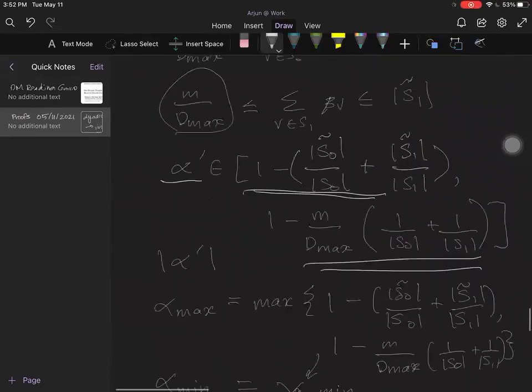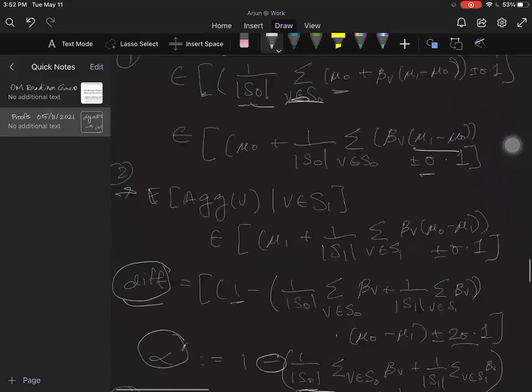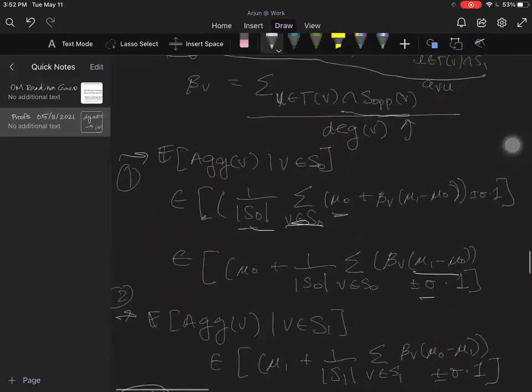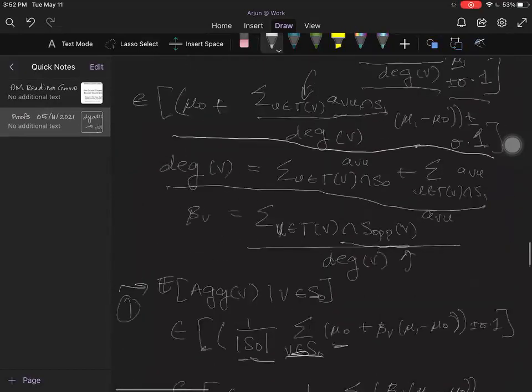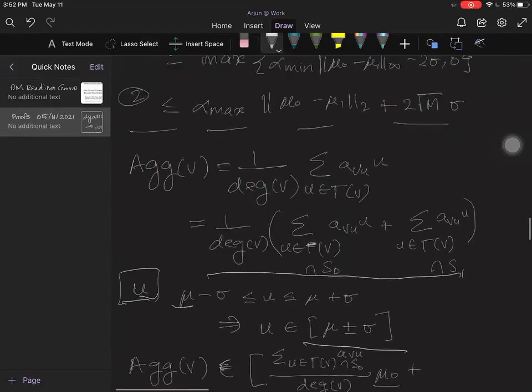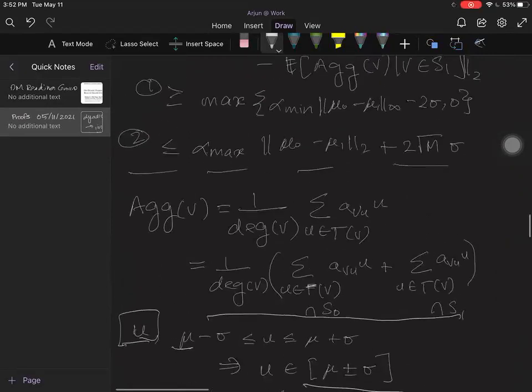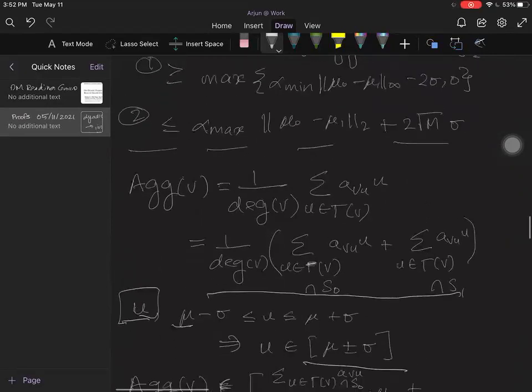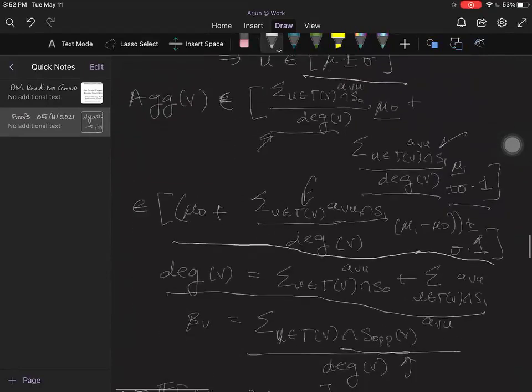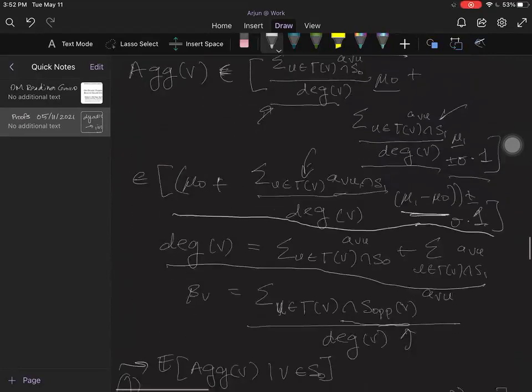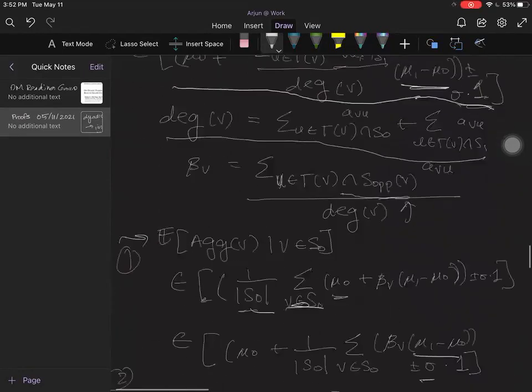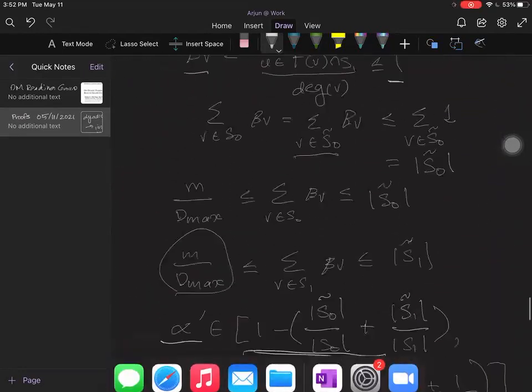So alpha max we previously defined, and the reason we were interested in that is because we wanted to look at this property here, but we still need to consider now this mu1 minus mu0 and also the deviation that could result from any kind of aggregation.